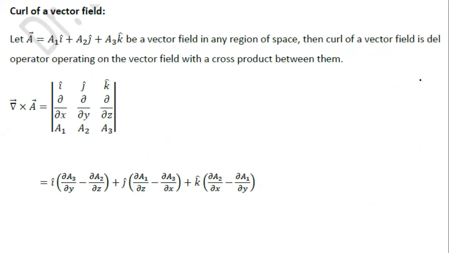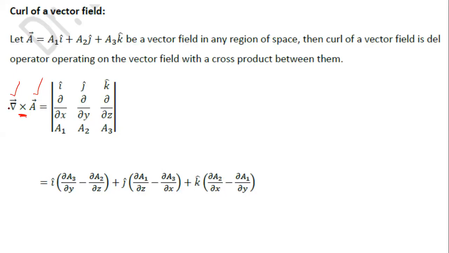So curl of a vector field is when you have a cross product operation between the del operator and the vector function. That mathematical or vector operation is called curl of a vector field.